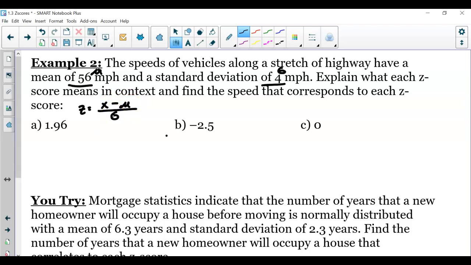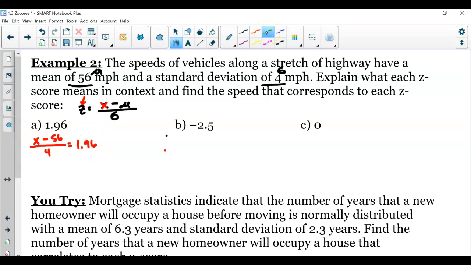However, we don't know what x is, right? This is what we are looking for. But now we do know what the z-score is. The z-score in this case is 1.96. So I've got x minus the mean of 56 divided by the standard deviation of 4, which is equal to the z-score, which is 1.96.